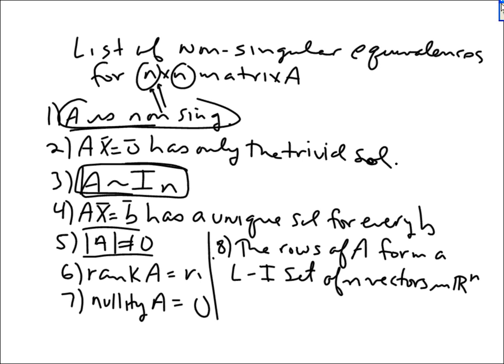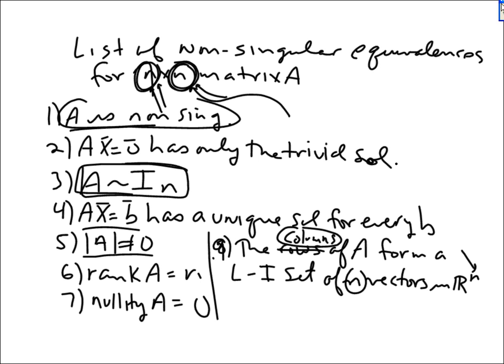Okay, so that's number 8. Number 9 is the columns of A form a linearly independent set of n vectors in Rn. This n is that n, when I'm talking about columns.